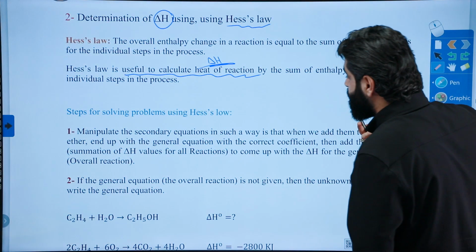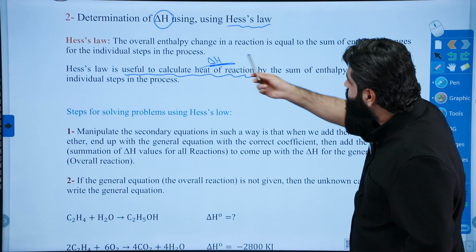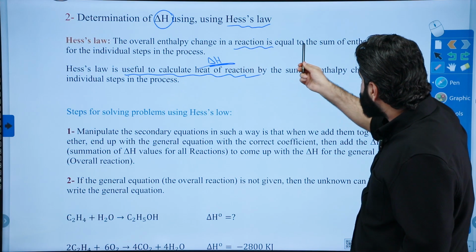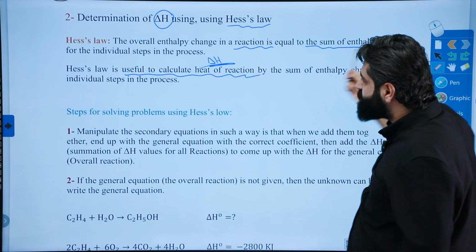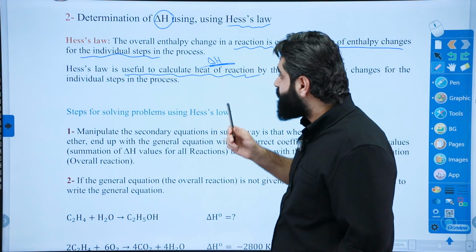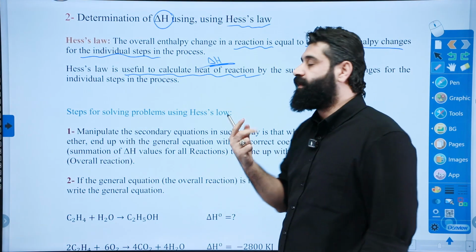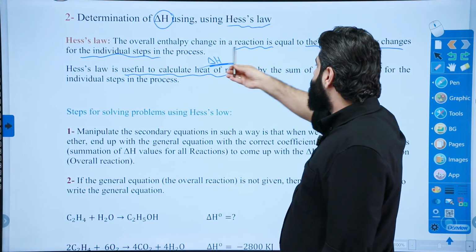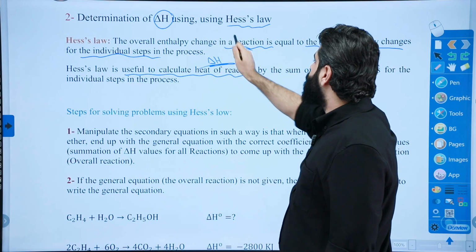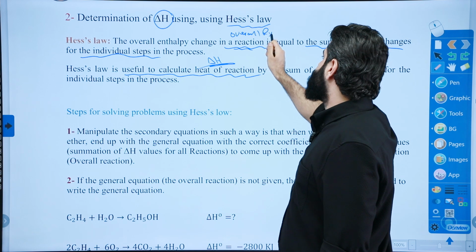Okay, so we have the following points for Hess's law. The overall enthalpy change in a reaction is equal to the sum of enthalpy changes for the individual steps. That means in Hess's law we have two things. One of them is the overall reaction, this is one part.